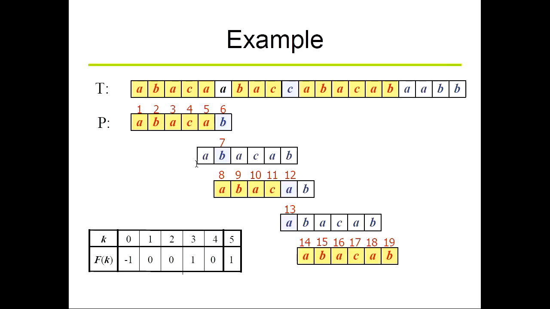So your comparison always moves forward, and you can skip a lot when there's no common prefix and suffix. But it still takes some computation. You have to know whether you have a common suffix and prefix or not. Very good question.